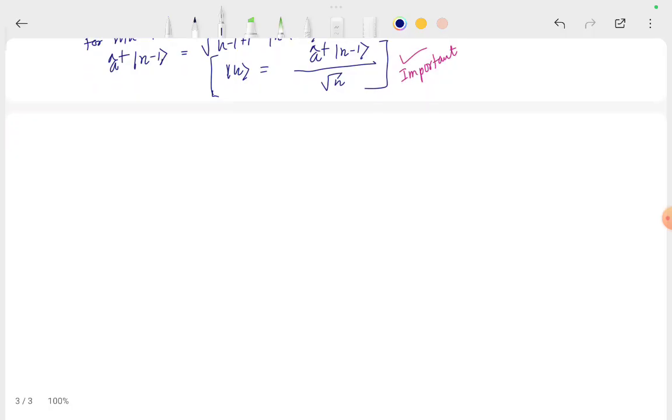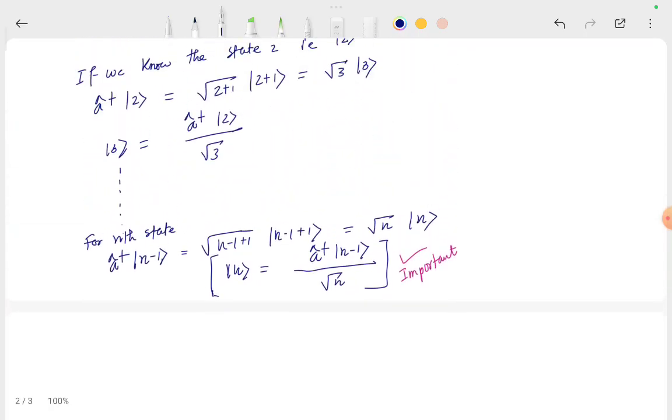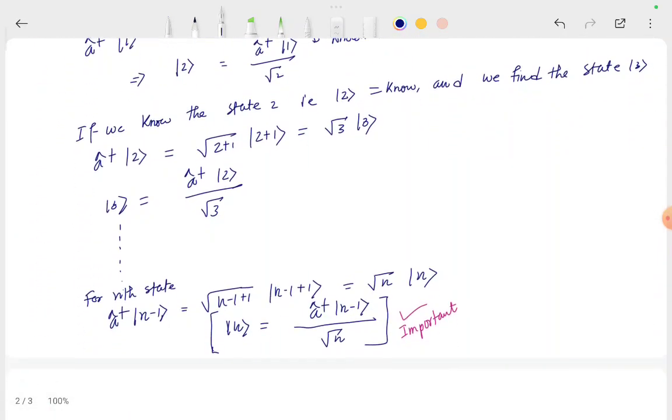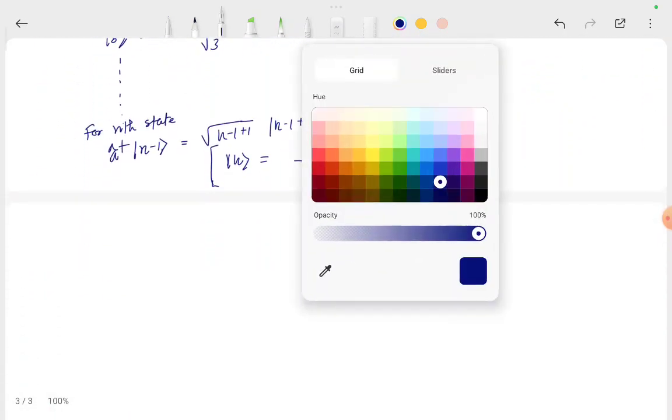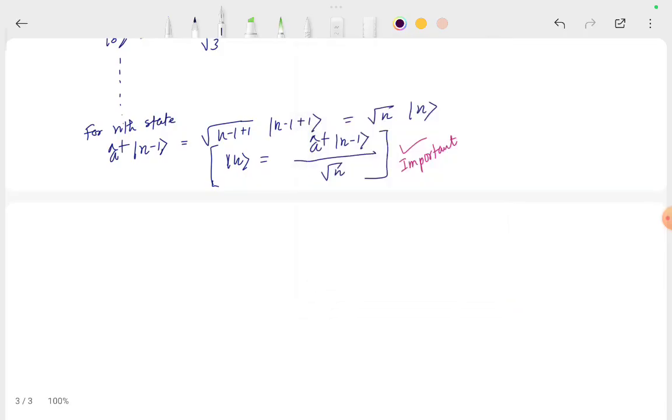Okay, next concept. Another important concept.